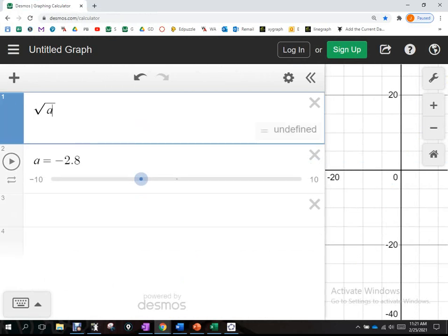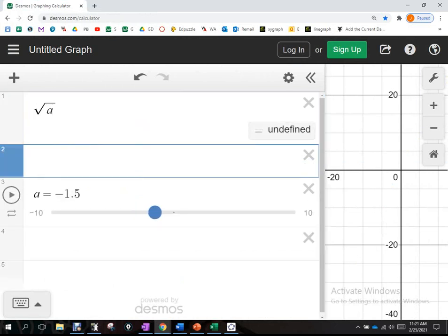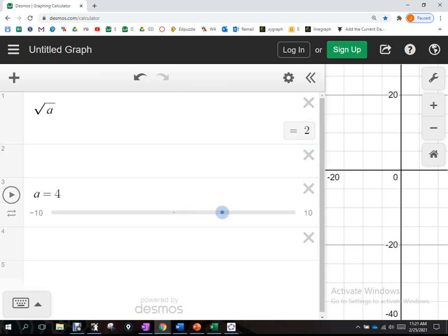So if I go square root of a, you see that when a is 0, I get a number back. When a is positive, I'm getting numbers back, right? Because, for instance, when a is 4, remember what this means: what number multiplied by itself will give me 4? Well, 2 does that.